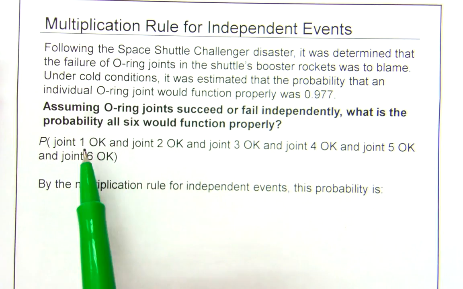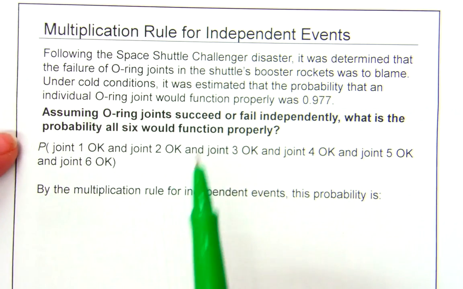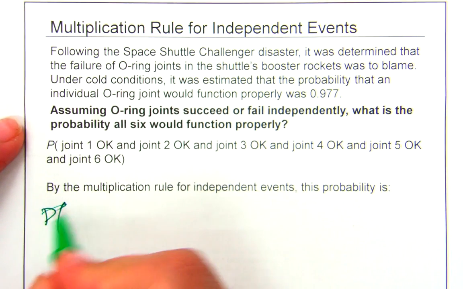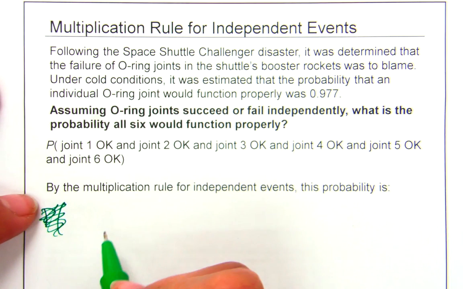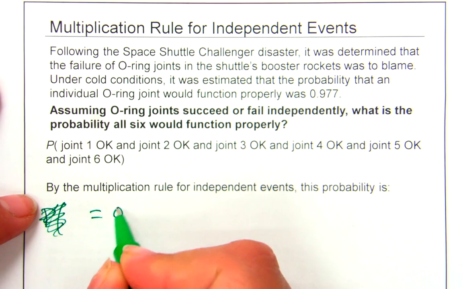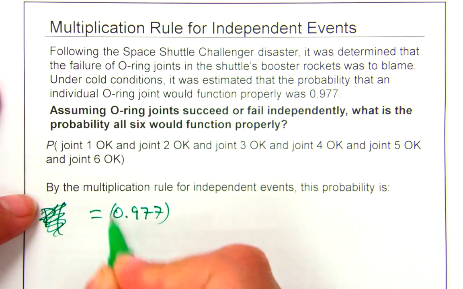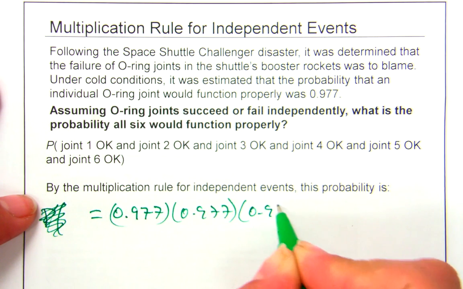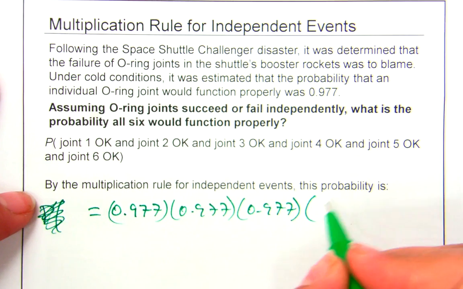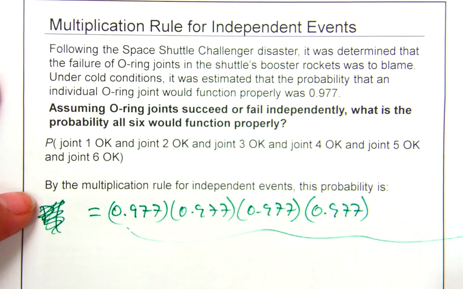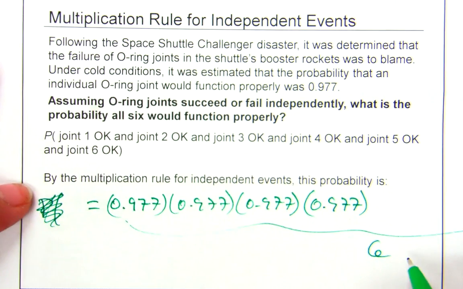So, if you know they're independent of each other, you can take each individual probability and multiply. The probability of all of them would just look like 0.977 multiplied by 0.977 multiplied by 0.977. You get the picture. It's pretty tedious. Eventually, you have 1, 2, 3, 4, 5, 6 of them in a row.